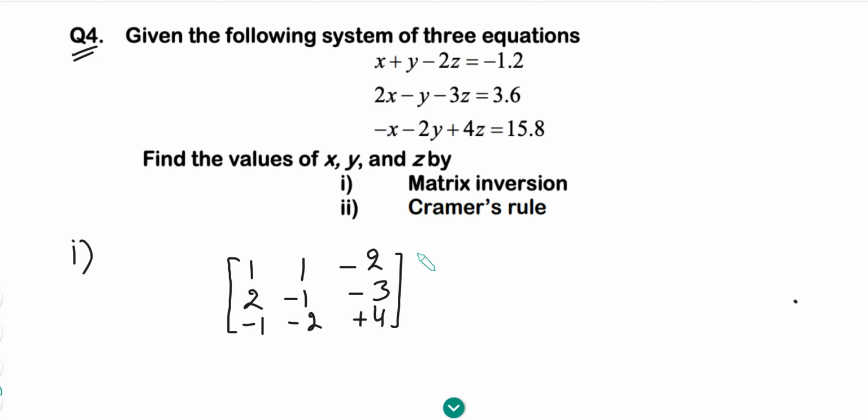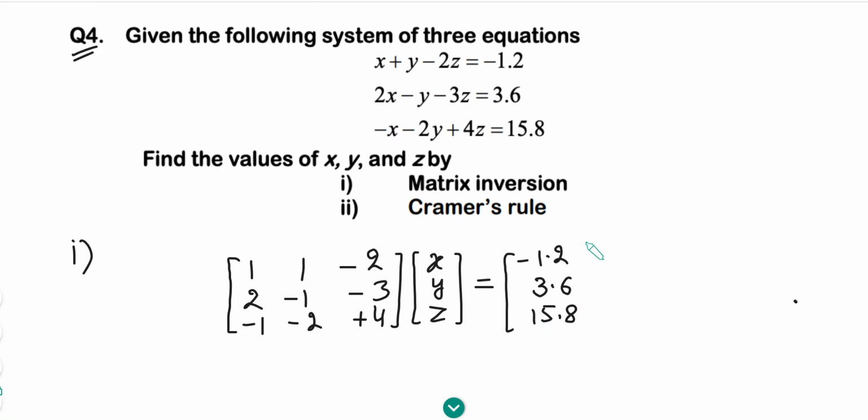And now the next matrix is of variables, and we have x, y, and z. That is equal to the matrix of our constant values, which are negative 1.2 from equation 1, from equation 2 it is 3.6, and then we have 15.8.